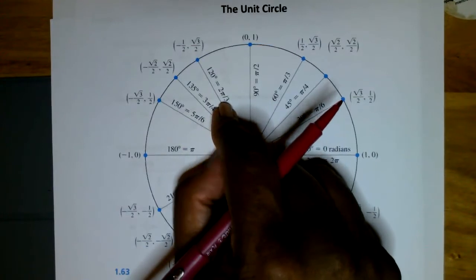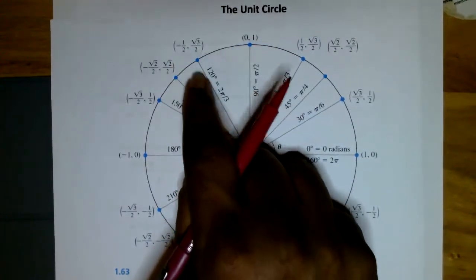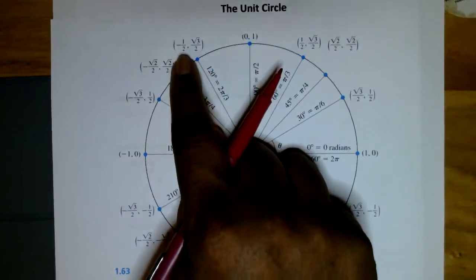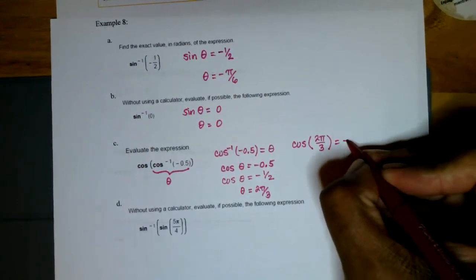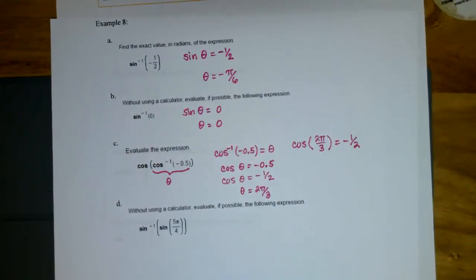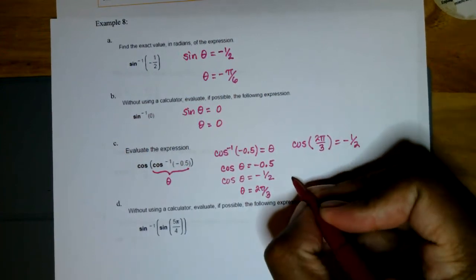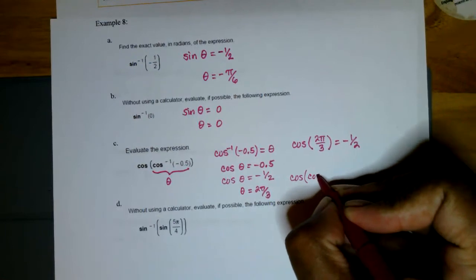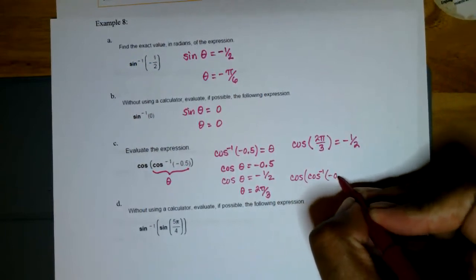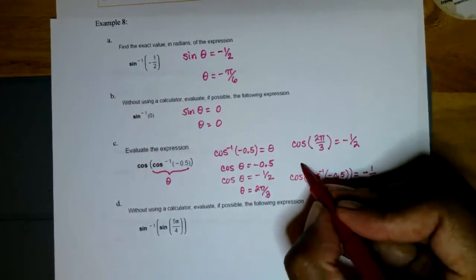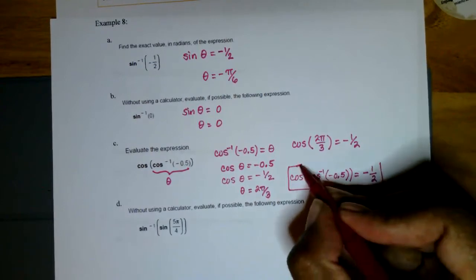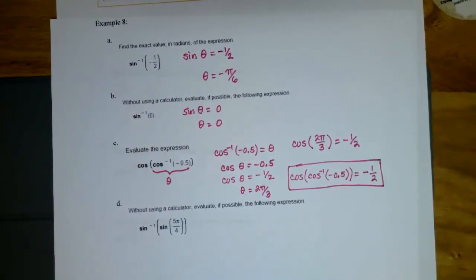The x coordinate represents the cosine, so the x coordinate for 2 pi over 3 is, of course, negative 1/2. So that means that the cosine of 2 pi over 3 will end up being negative 1/2. So the final answer for that would be this. The cosine of the inverse cosine of negative 0.5 ends up to be negative 1/2. All right, so that's how we simplify that problem.